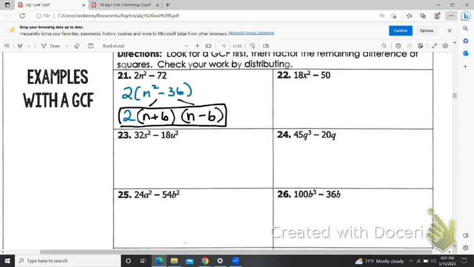such as a 6. So 6 on the outside, 4a squared minus 9b squared.